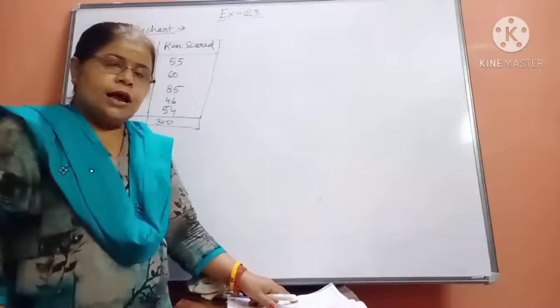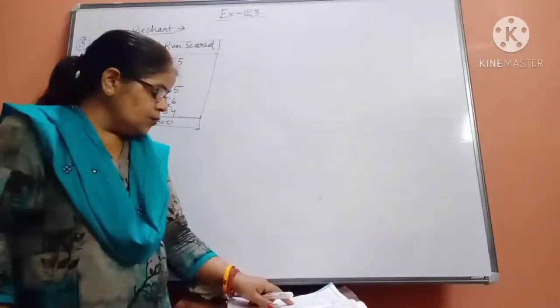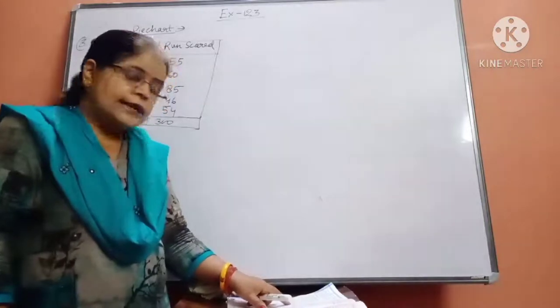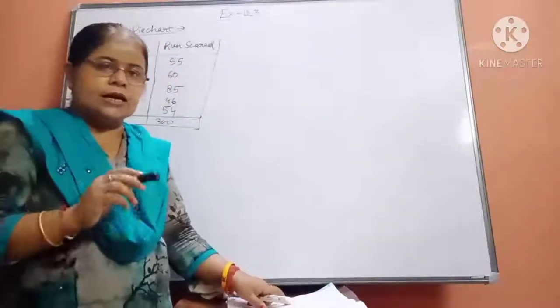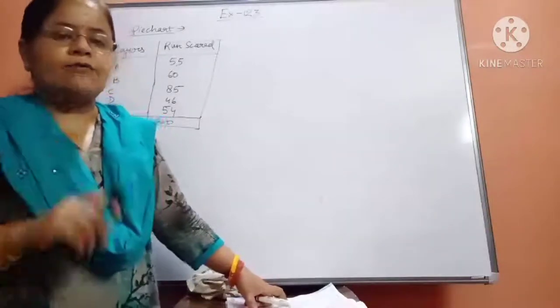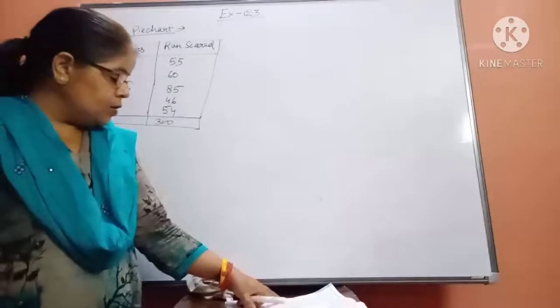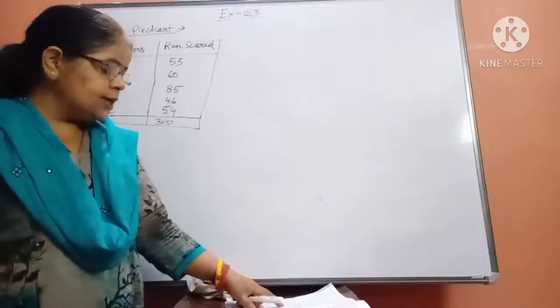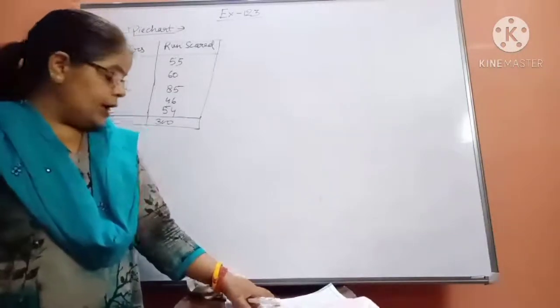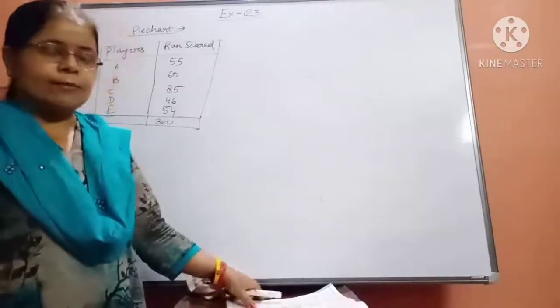And next, divide the circle into sectors according to the central angle. Then we will make a circle and divide it into central sectors according to the angles, whatever values we will get. I am going to solve it, then only you can understand. And set the color of each sector differently, and give a key and heading.